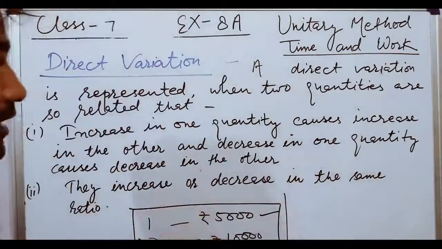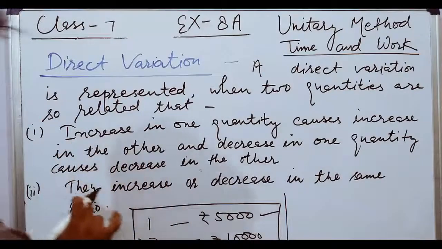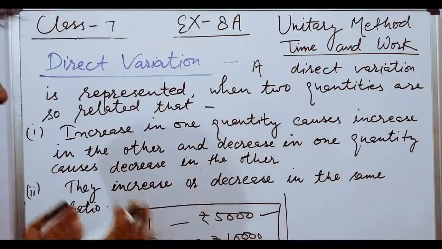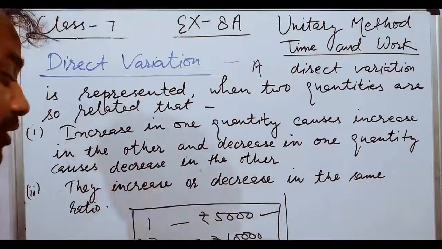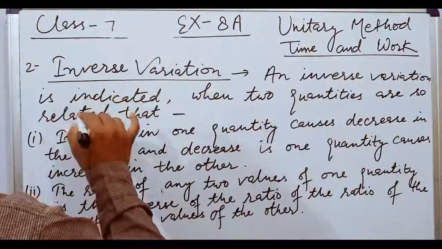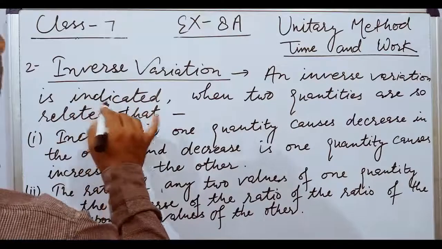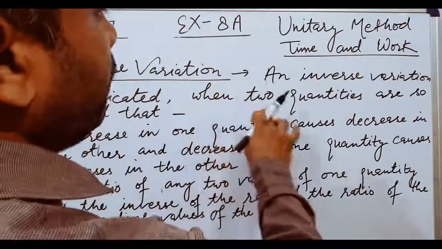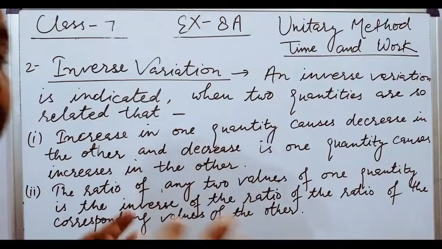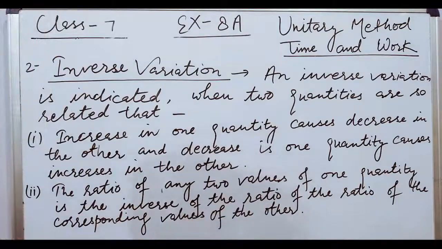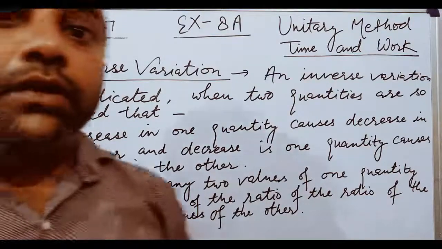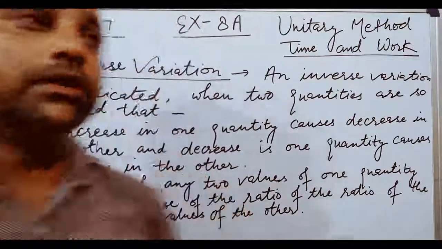Understood or not? This is direct variation, means they increase or decrease in the same ratio. Inverse variation is indicated when two quantities are so related that increase in one quantity causes decrease in the other quantity, or decrease in one quantity causes increase in the other quantity.